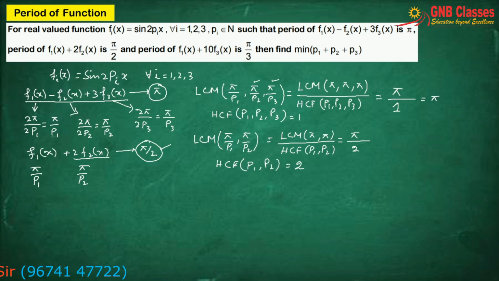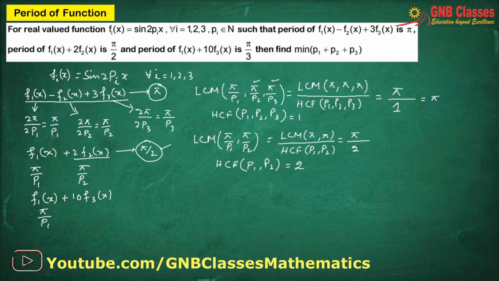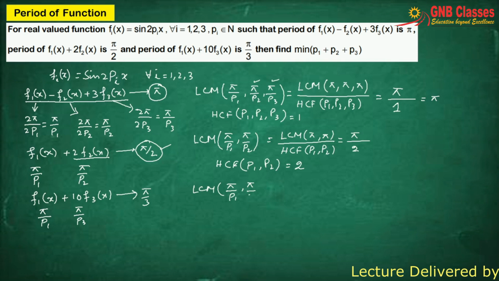Right? Now see the third function which is given, f1(x) plus 10 times f3(x). So the period for f1(x) is π/p1, the period for f3(x) will be π/p3, right? Now they have said the period for this function is π/3. Now, what is the period? The period will be LCM of π/p1, π/p3, right?